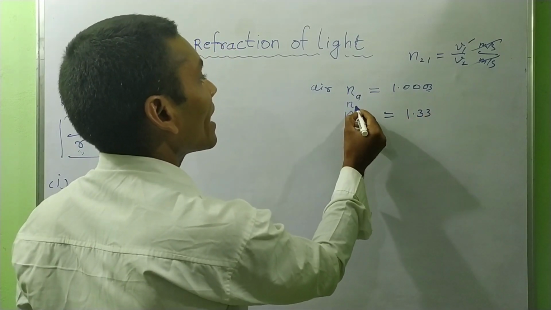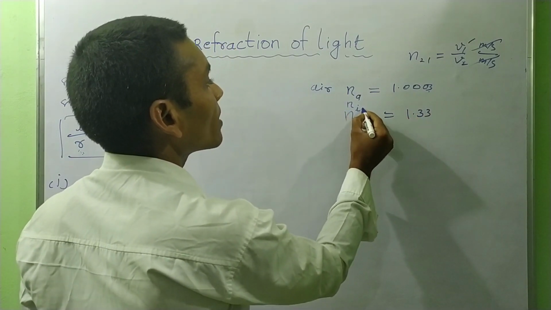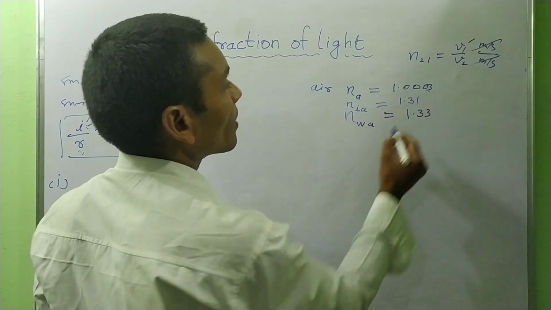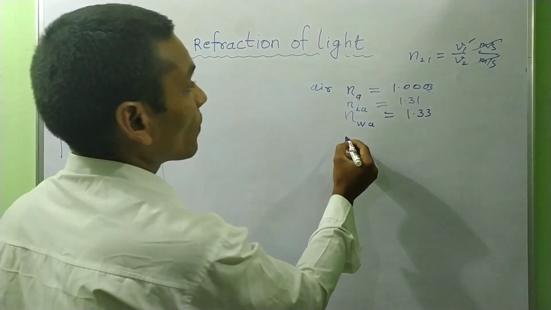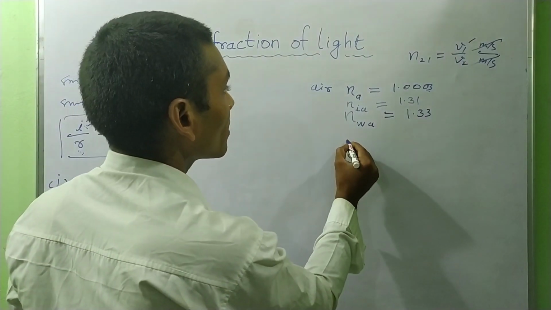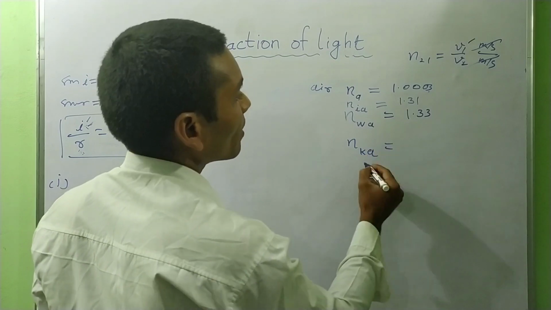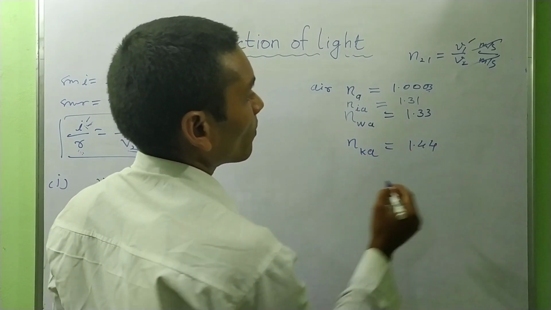The refractive index of ice with respect to air is 1.31, and the refractive index of kerosene with respect to air is 1.44.